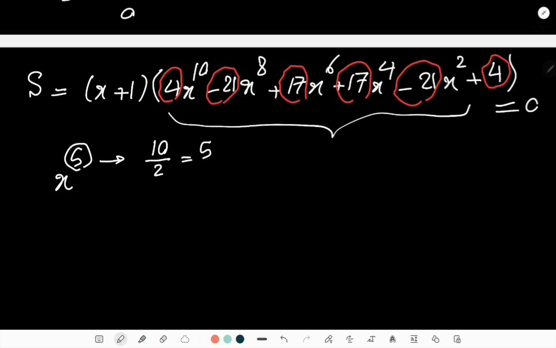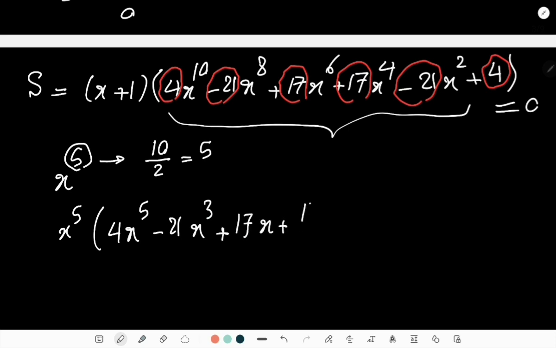So if I factorize x to the power of 5 from this expression, then I get x to the power of 5 times 4x to the power of 5 minus 21x to the power of 3 plus 17x plus 17 over x minus 21 over x to the power of 3 plus 4 over x to the power of 5 equals 0. So x cannot obviously be 0, so just forget about this term here.